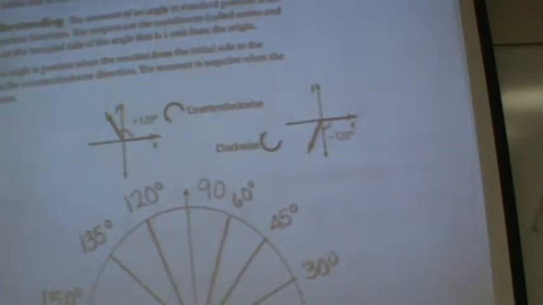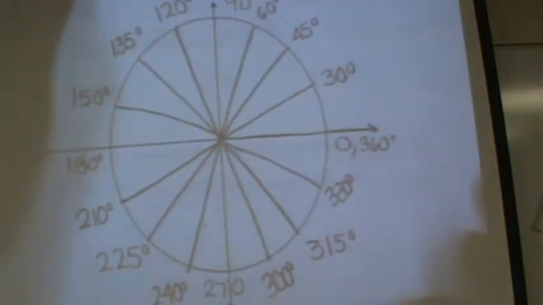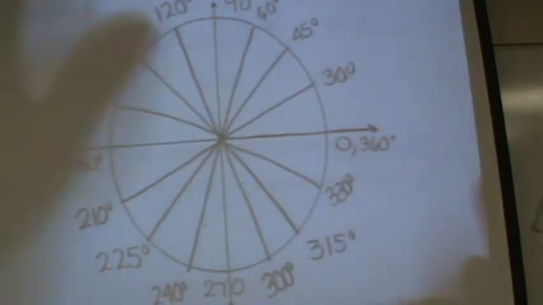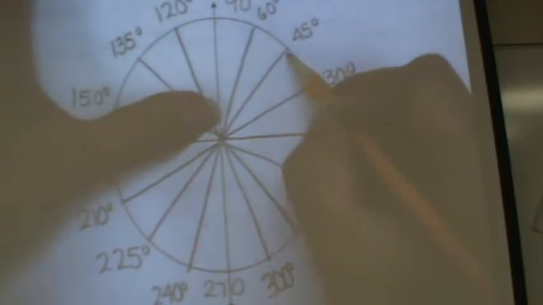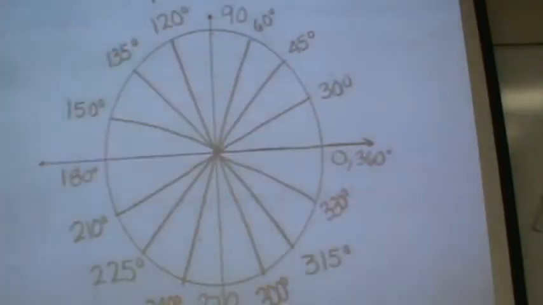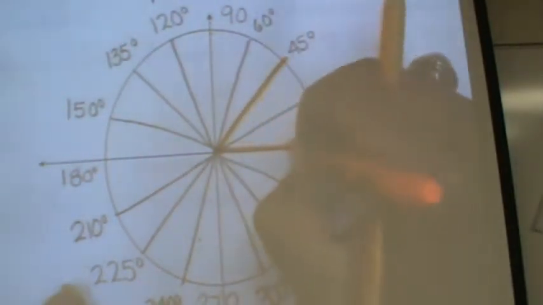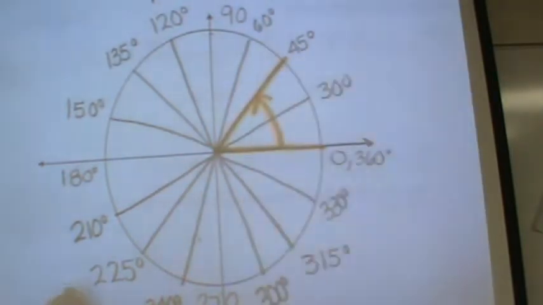Okay? So, look at this circle here. If I asked you to measure 45 degrees, it would be this angle right here. Would they be counterclockwise?